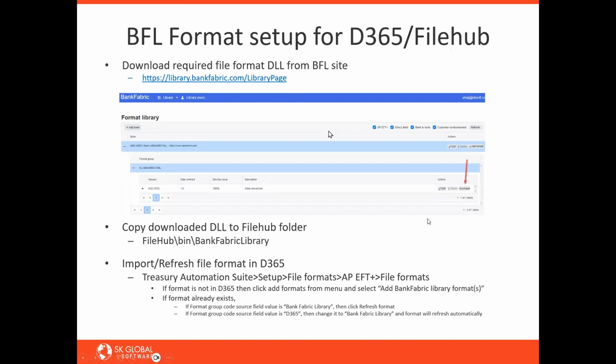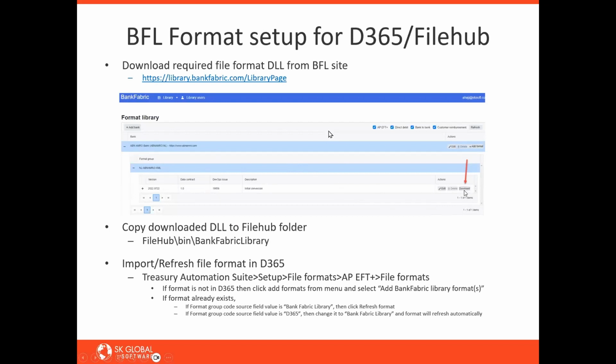Here is a very quick slide of how the BankFabric library looks. I will show that one in a live version as well in a moment. In general, we go into the library web page. As I said, we can have you created as users, so you would be able to download on your own, or we can download the file and send it to you.